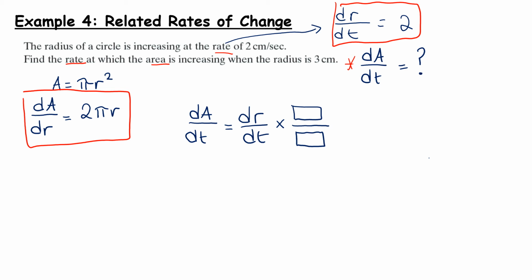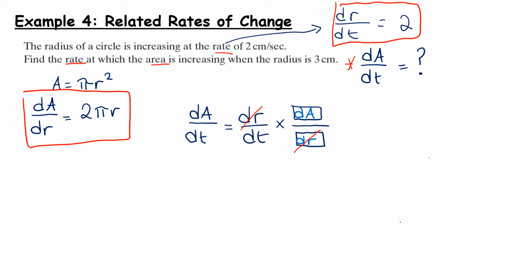I have a dA dr. If I fill that in as is, dA dr, will this work? And the answer is yes, because I have dr on the bottom, which cancels with the dr on the top. And I multiply across and I get dA dt.